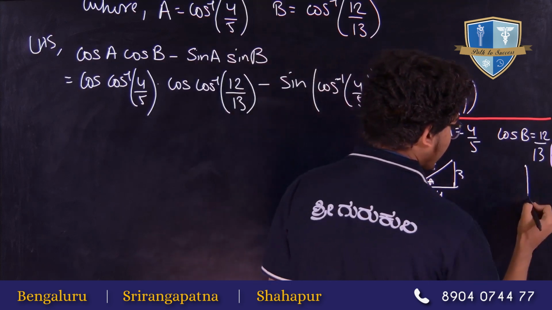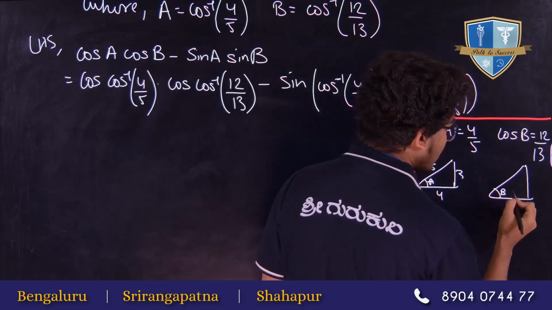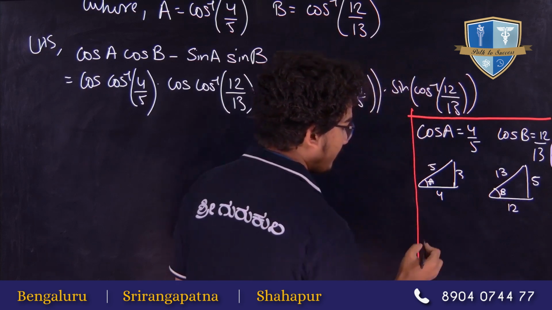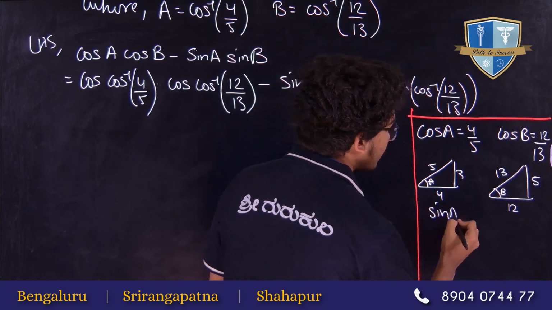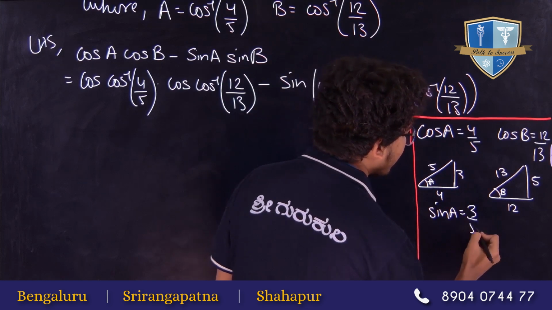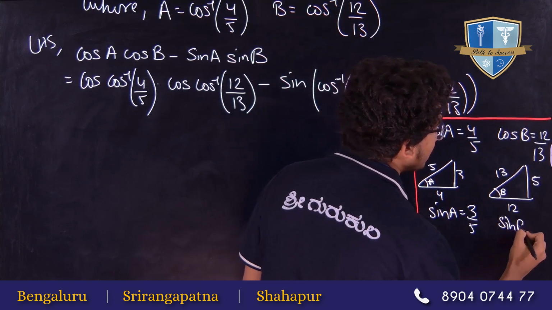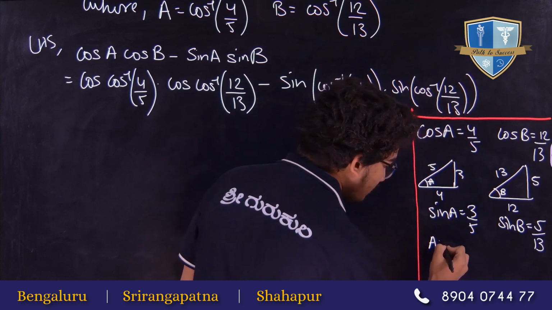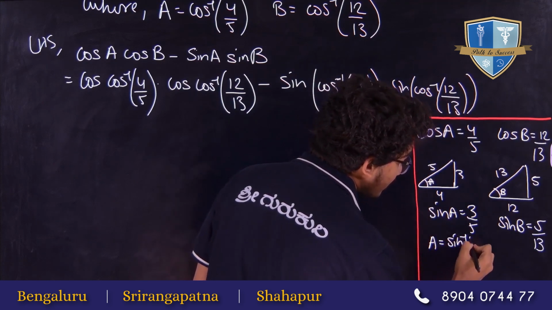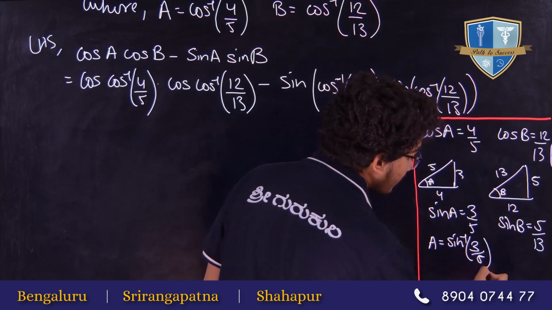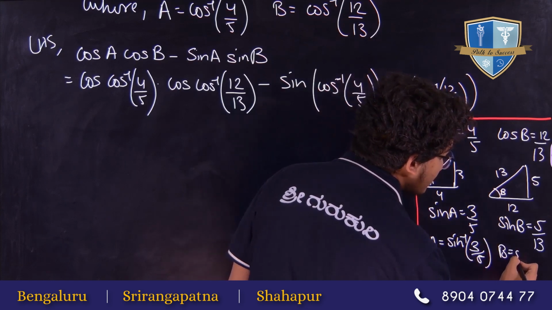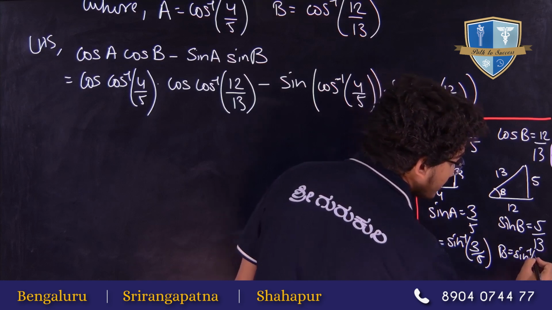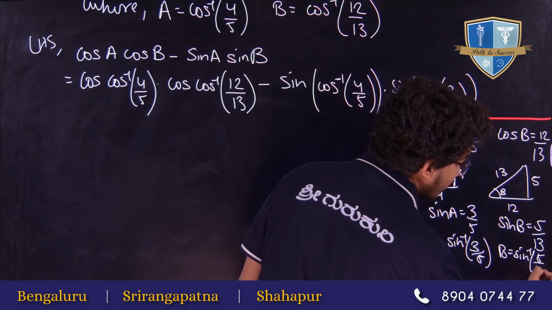Similarly here, this is angle B, so this is 12, this is 13. Using Pythagoras theorem, it will be 5. So you can find sin A is equal to 3 by 5, and sin B is equal to 5 by 13, correct? So A is equal to sin inverse 3 by 5 and B is equal to sin inverse 5 by 13.